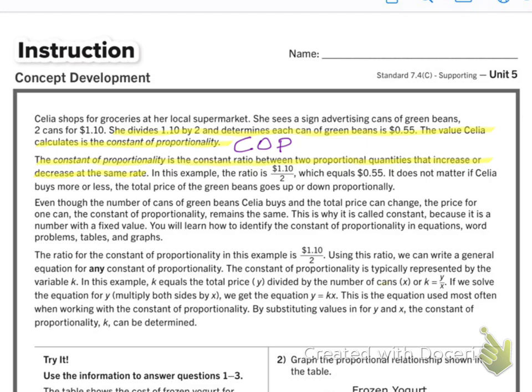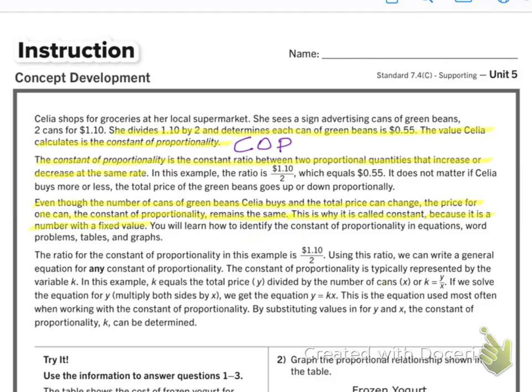Next paragraph: even though the number of cans of green beans Celia buys and the total price can change, the price for 1 can, the constant of proportionality, remains the same. This is why it is called constant, because it is a fixed value or a fixed number.